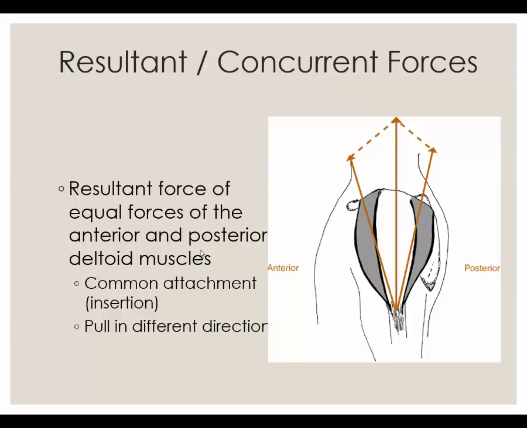What's happening here is you are using your anterior and posterior deltoids. You're working both of them. They're pulling in different directions, okay? However, the resultant force is going to be you raising your arm out to your side, and that's the end result here.